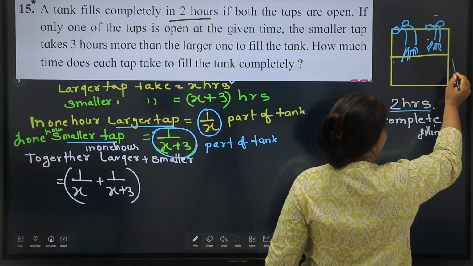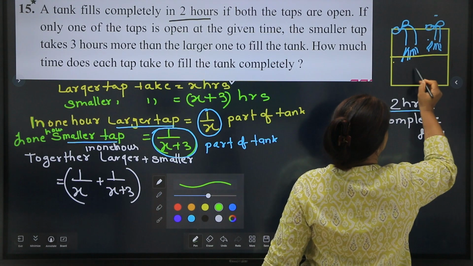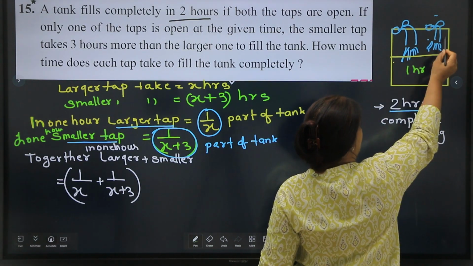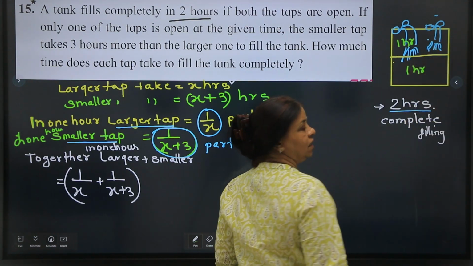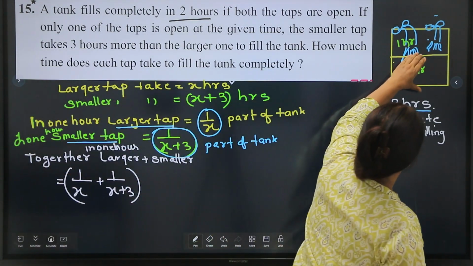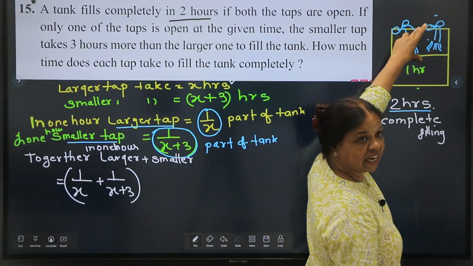Means in 1 hour, this part is filled by both the taps, and this half part which is left is filled in another 1 hour. Yes or no? Means in 1 hour, with both taps open, half the tank will be filled. In another 1 hour, the next half of the tank will be filled.